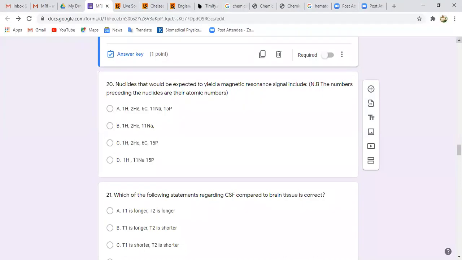It has to be D because, like I told you, the numbers preceding the nuclei are the atomic numbers, and the atomic number tells us the number of protons. The ones that have an odd number of protons can be used for MRI. So D is it.